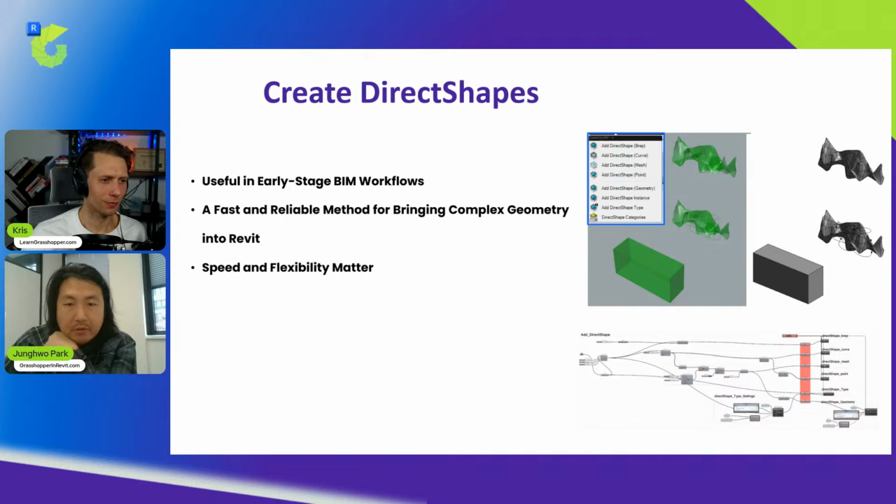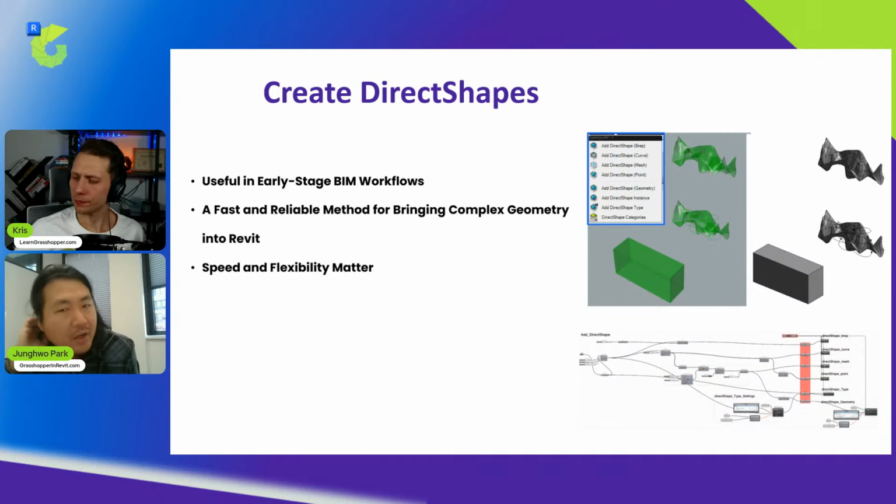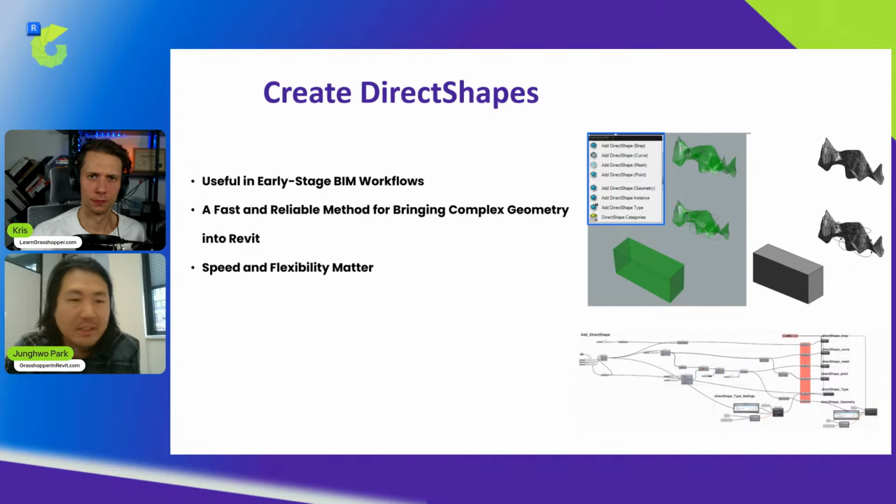Yep. So the direct shape is a temporary, let's say, workflow. It's very useful when you have continuous design change in the early stage, where the geometry is complex, and those sketch or schematic designs keep changing. So there's no strong reason we have to bring those in as native Revit elements.